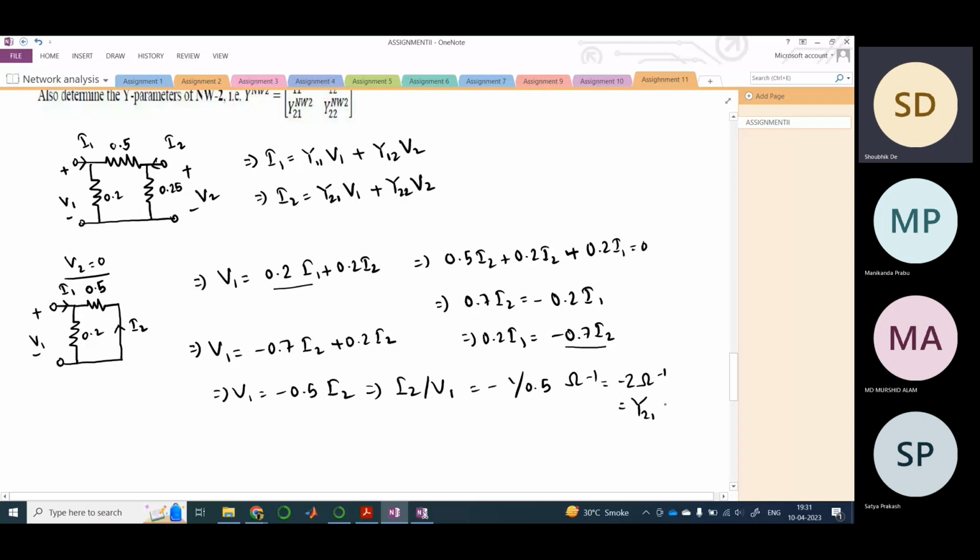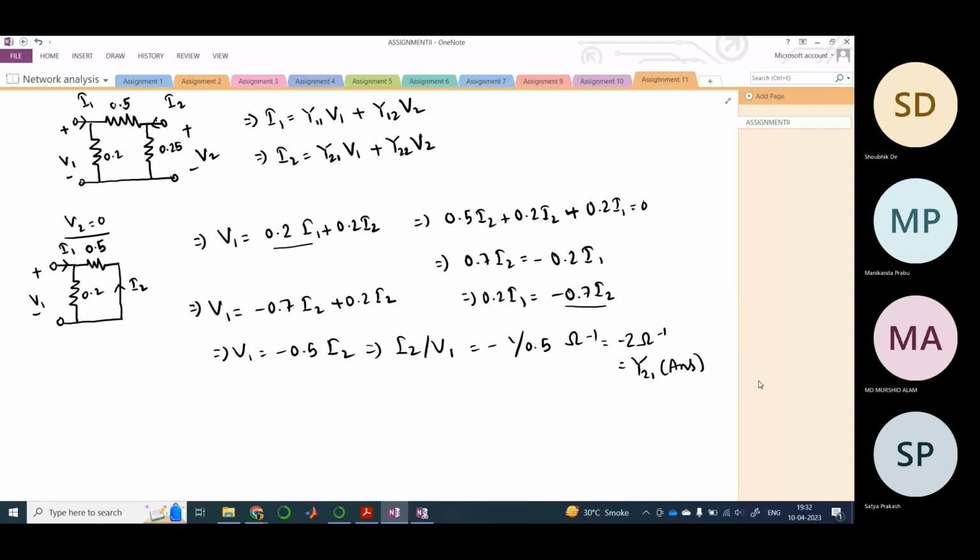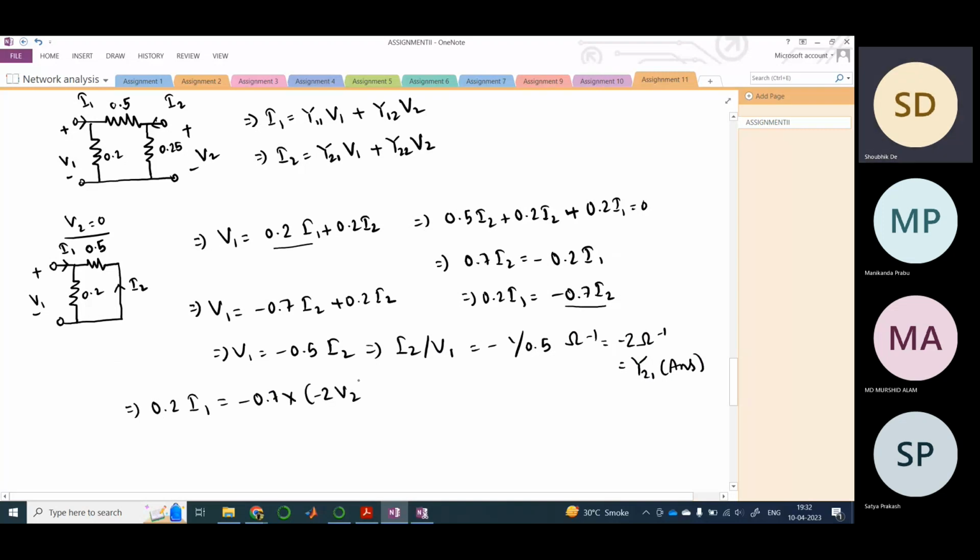So Y21 is minus 2 ohm inverse, and similarly, we need to substitute I2 equals minus 2 V1 back into this equation here, right? So 0.2 I1 equals minus 0.7 into minus 2 V1. Sorry, this is V1.